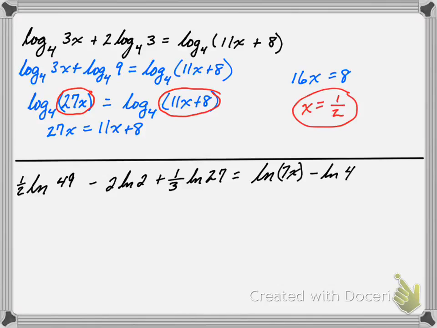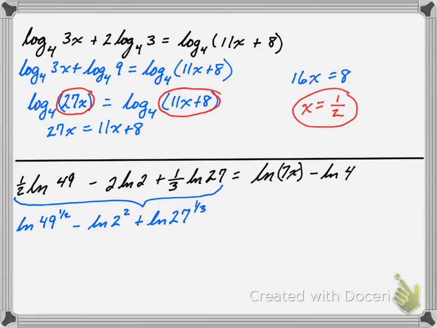All right, we're going to do a similar thing with this. We need to condense all 3 of these, but before we condense, we need to bring the coefficients to the exponents. All right, so this becomes natural log of 49 raised to the 1/2 power minus natural log of 2 raised to the 2nd power plus natural log of 27 raised to the 1/3 power.